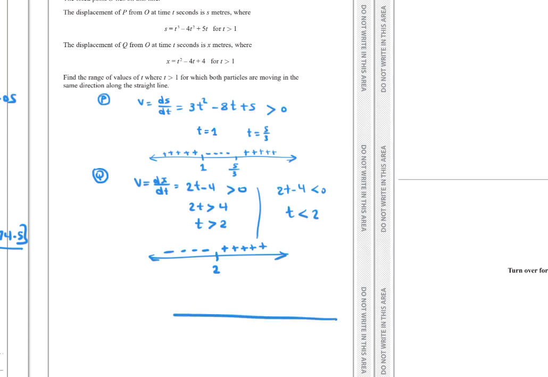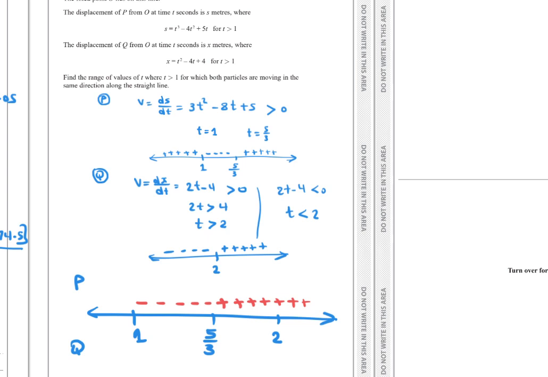So to find when the two particles have the same sign, compare the two number lines. You can draw this number line. We have 1, 5 over 3, and 2. We can put the sign of P above the line and the sign of Q below the line. For P, it is positive if more than 5 over 3, and it is negative between 1 and 5 over 3.